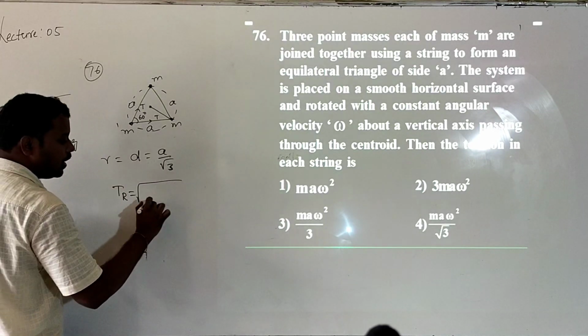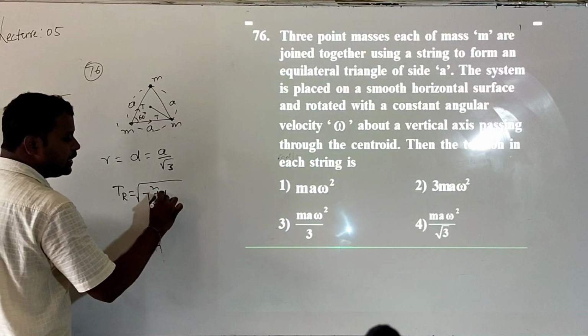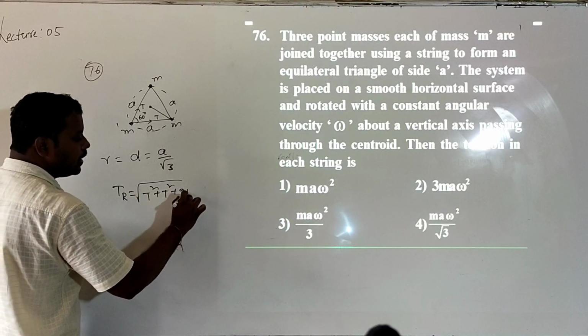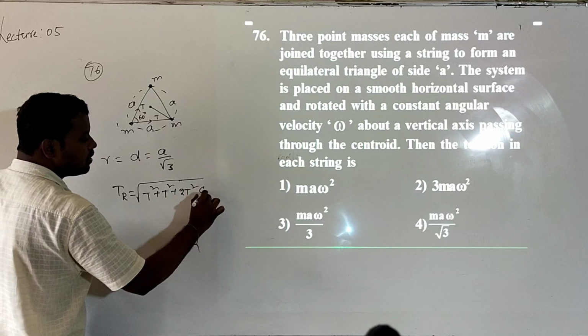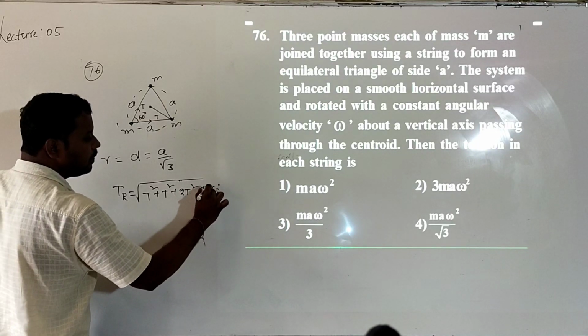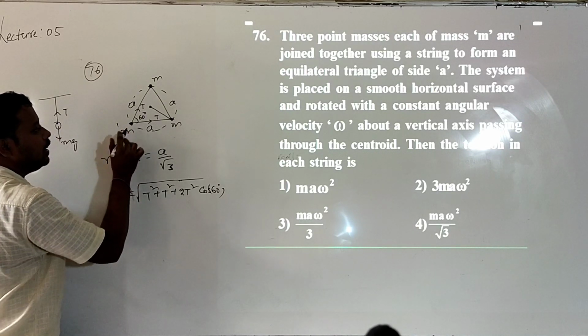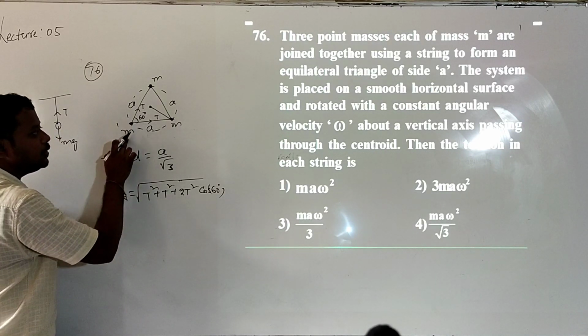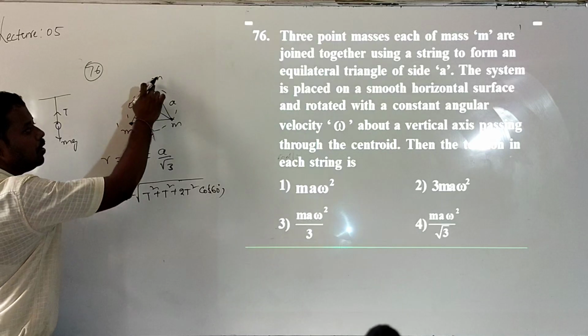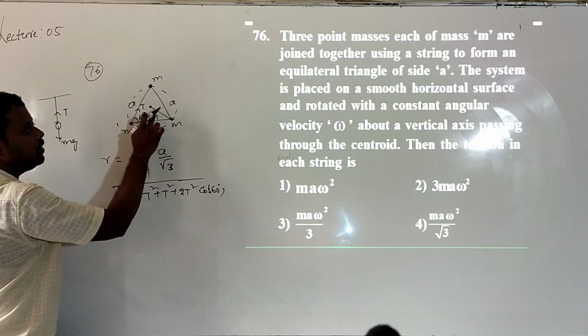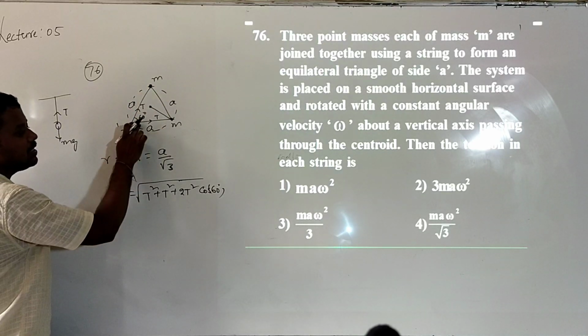According to the parallelogram law, the resultant tension is given by root of T square plus T square plus 2T square into cos 60. First I want to calculate the net tension acting on one particle, so I consider this particle. Tension will be away from the block. So this tension T, this tension T, and the angle is 60 degrees.